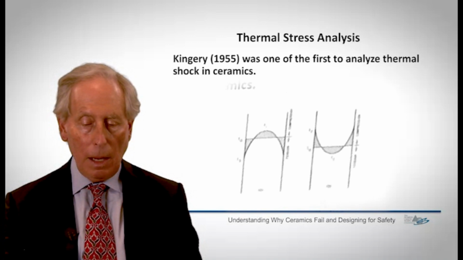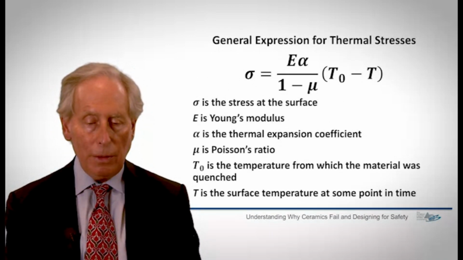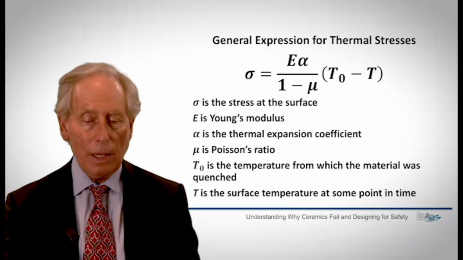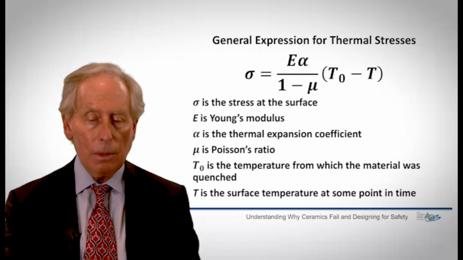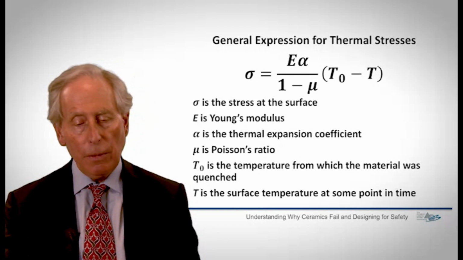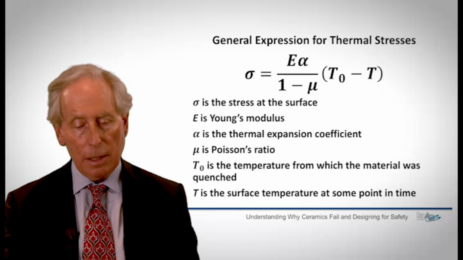And he derived an expression that is just a general expression for thermal stresses, that the stress on the surface, that surface stress that we talked about, we'll talk only about cooling in this case, is related to the elastic modulus of the material, thermal expansion coefficient, Poisson's ratio, and the temperature differential from which you cooled. So T0 is the temperature from which the material is quenched, and T is the surface temperature at some point in time.